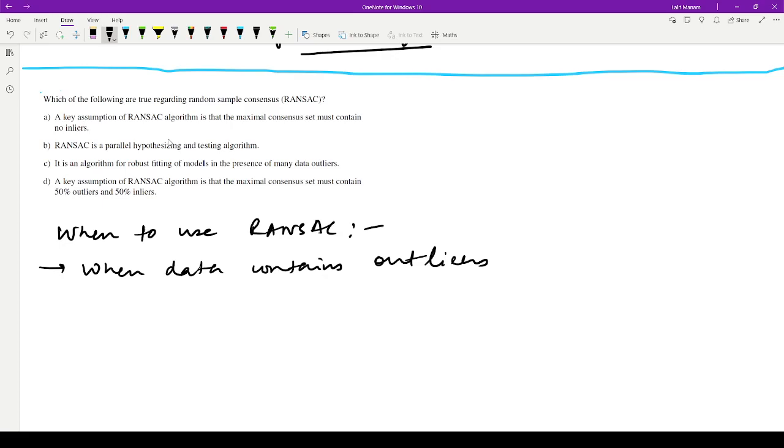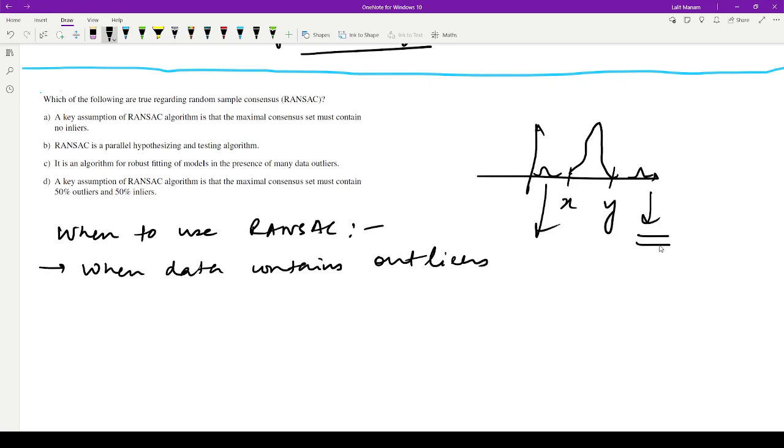Yes, sir. A simple instance is like the marks in exams. Most people will have marks somewhere between X and Y. But some people will score really high, and some people are not able to score. These you can consider as outliers.